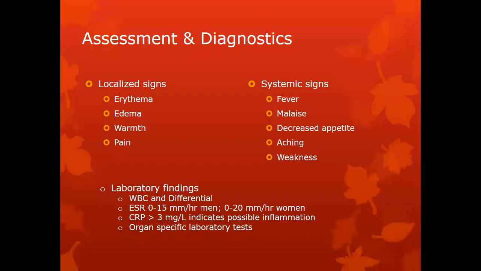Okay, so let's look at what you'll see when you're assessing your client. You will have those localized signs that we've already talked about, the redness or erythema, edema or swelling, warmth, pain, and loss of function. Loss has gotten left off of there, so I'm going to write it on there as best I can.